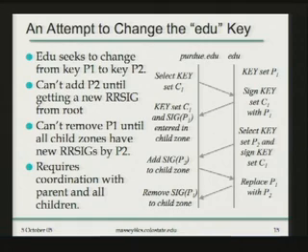It's got to go to its parent, get a signature from its parent saying, yes, it's okay to add P2. Then it's got to start shipping out P2 signatures to all the child zones. After they've acknowledged that's been replaced, we can actually go ahead and replace P1 with P2. Then we can actually remove the old P1 signature from the zone.